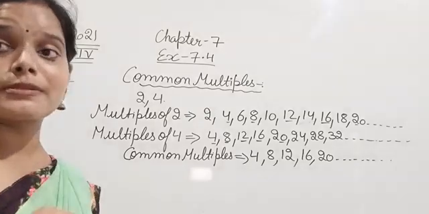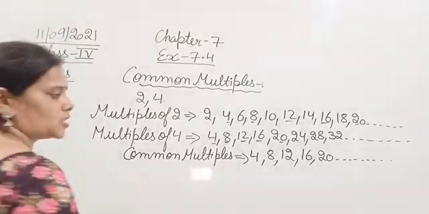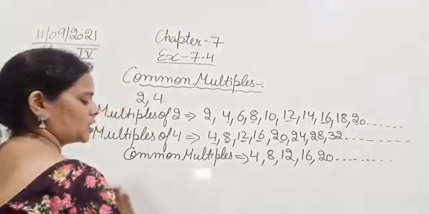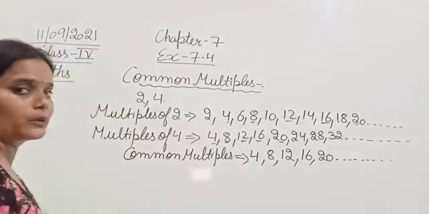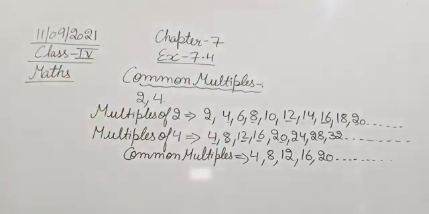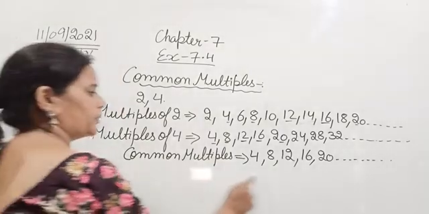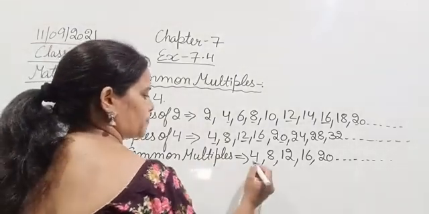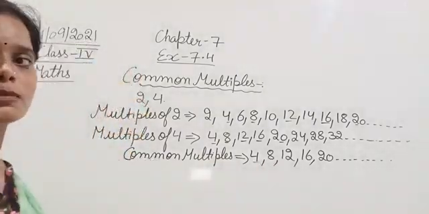So least means सबसे छोटा. So which is the least number here in the common multiples? So common multiples we have calculated. So which is the smallest multiple you can see in the common multiples? That is 4. So 4 is the smallest multiple.